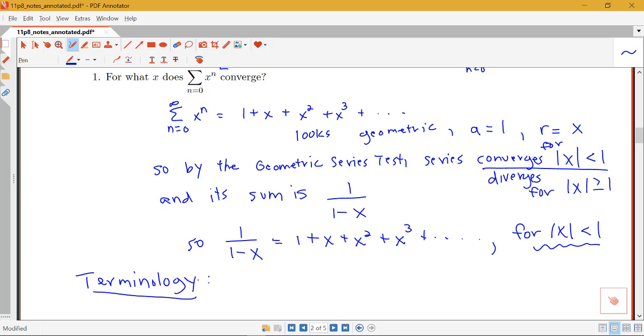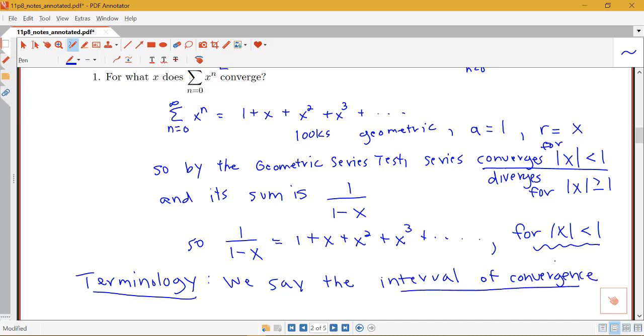We would say that the interval of convergence for this series is that x is between -1 and 1.